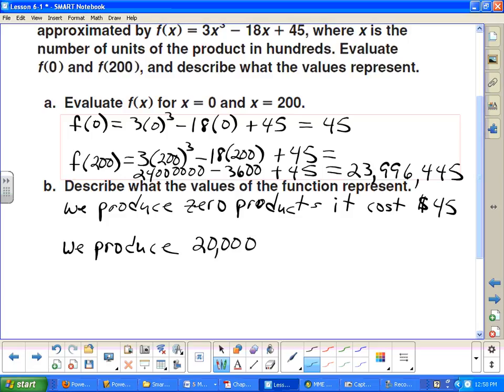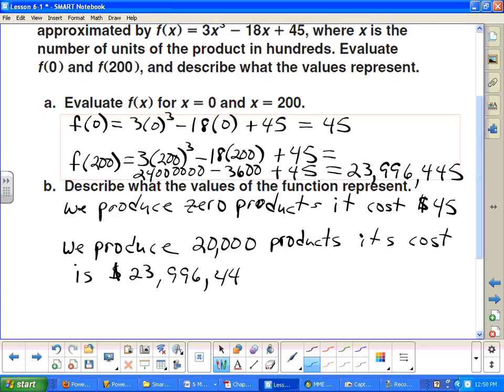If we produce 20,000 products, its cost is $23,996,445. Costs a lot more then, doesn't it? Yeah, but you make them. Right. Hopefully you're making more then. Okay.